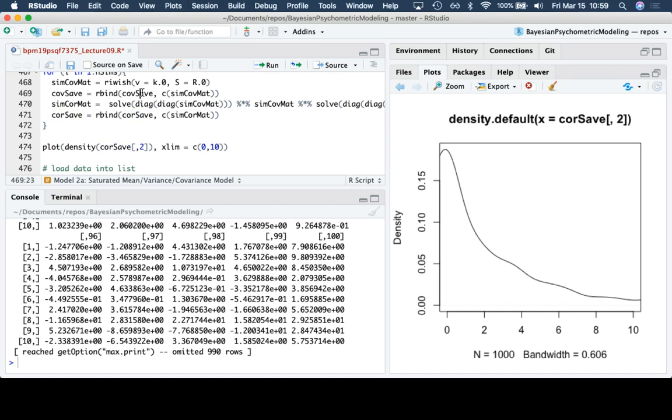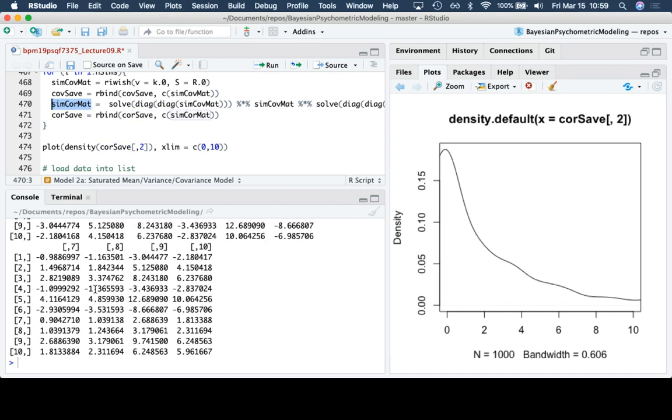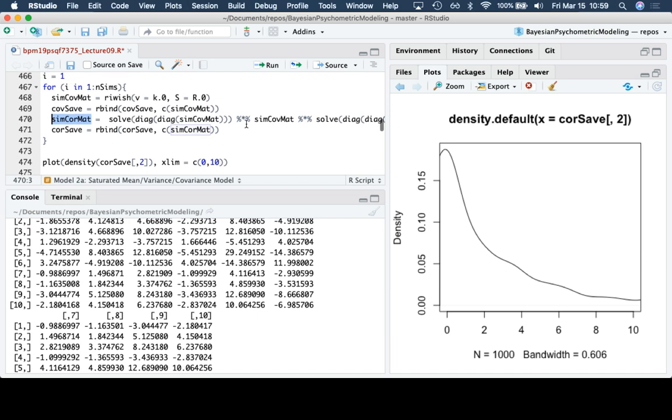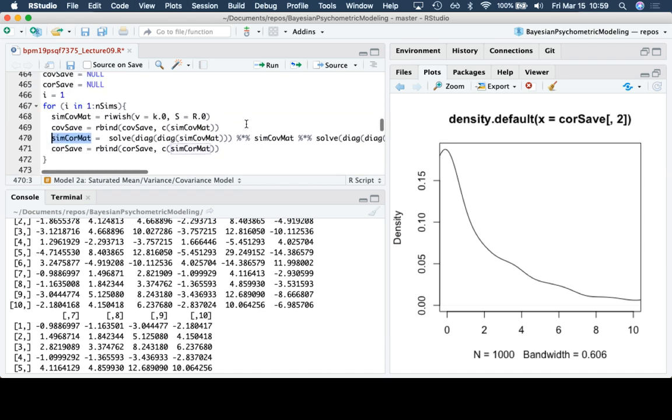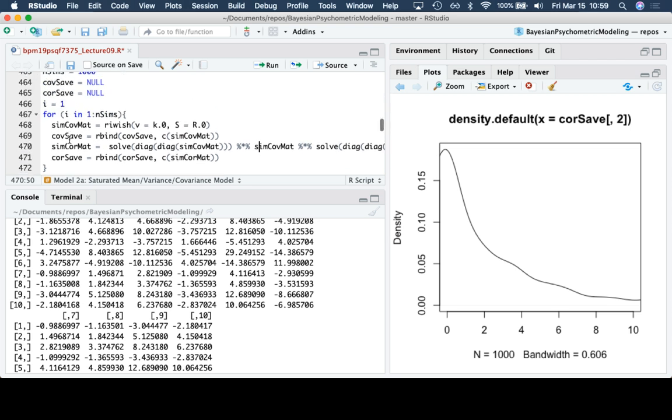No. What have I done wrong? Yeah, I'm totally screwing this up. Well, forget the correlation. Why am I doing that wrong?